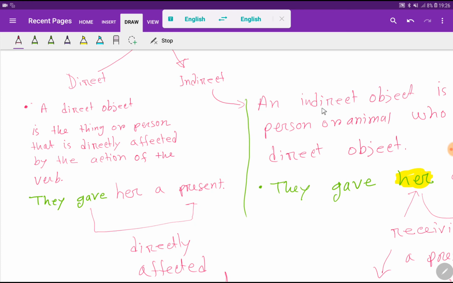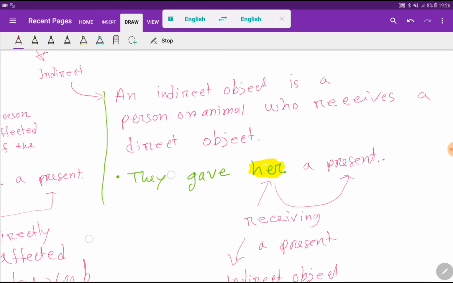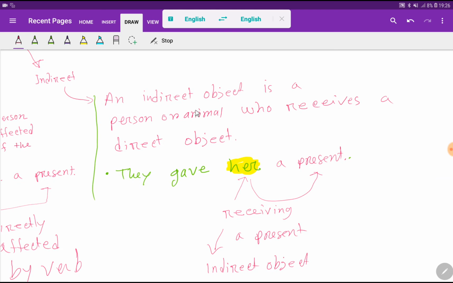Okay, now let us know what is an indirect object. An indirect object is a person or animal who receives a direct object. Look, they gave her a present. Who received?